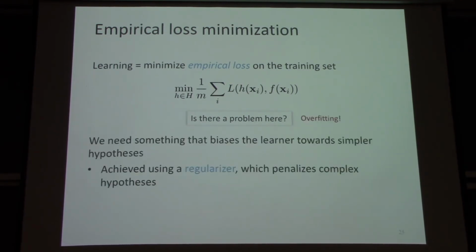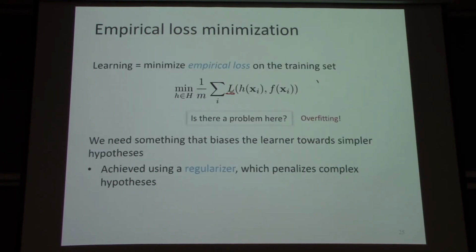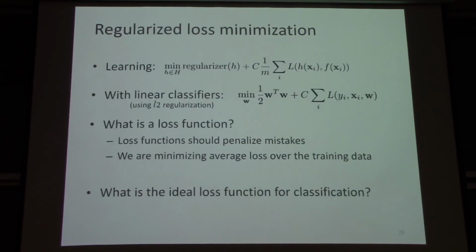So we can combat overfitting by using a regularizer, which is a term that penalizes complexity. The loss is a term that penalizes mistakes. The regularizer is a term that penalizes complexity. So instead of minimizing just the empirical loss, we will minimize the regularized empirical loss. And that's what we get.